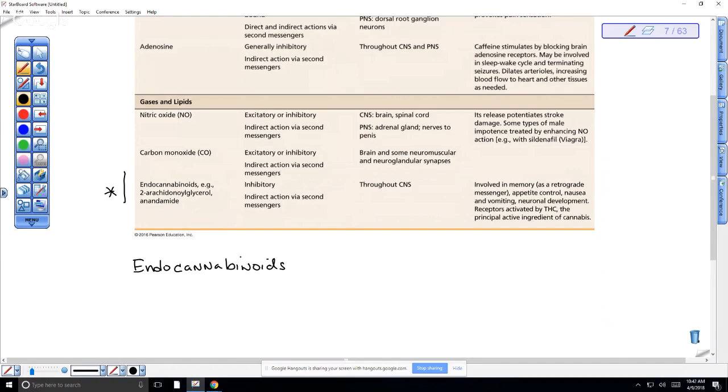This is really of interest, because people are thinking they can use medical marijuana to treat the nausea, vomiting, or sickness of people who have cancer and are doing chemotherapy. And also some of the pain, because it's inhibitory. So maybe chronic pain can be better treated with marijuana than with morphine or other opiates.